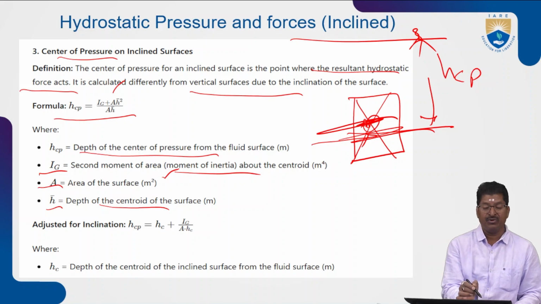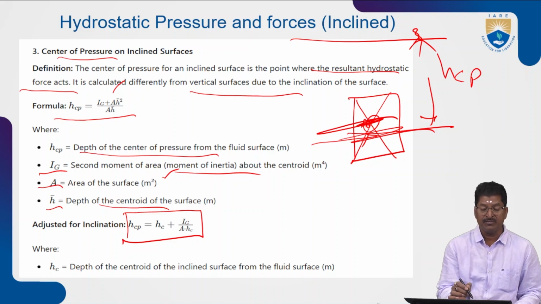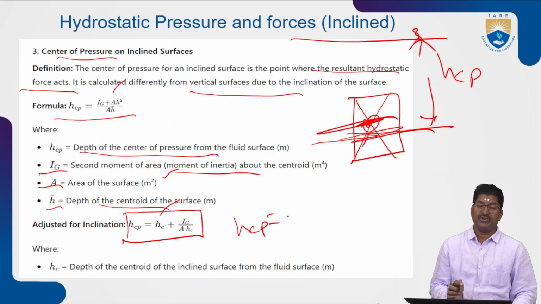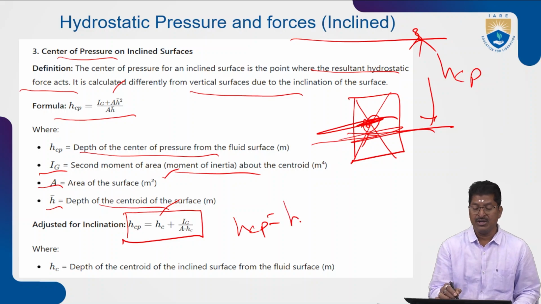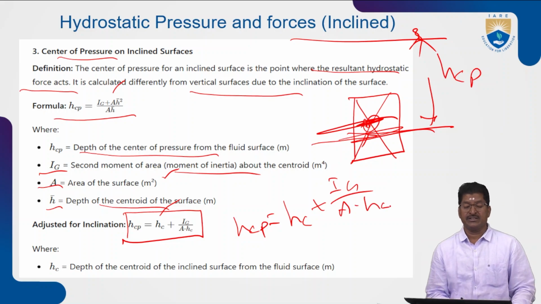If you readjust the formula, it becomes somewhat easier. HCP is equal to HC plus Ig by A HC. That means the depth of center of pressure from the surface is equal to the centroid depth plus the moment of inertia about the centroid divided by the area into the centroid depth.